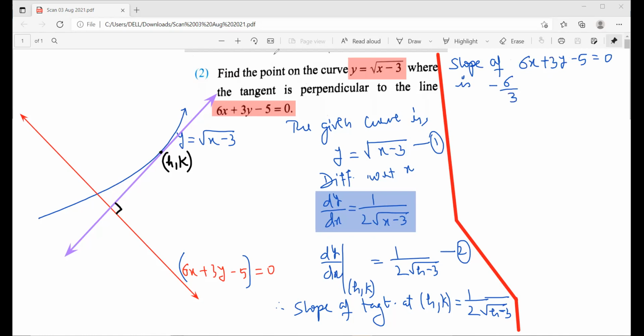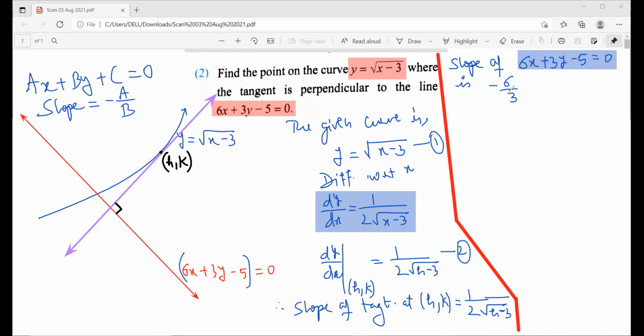You know, if a line is in the general form ax plus by plus c equals 0, then the slope of that line is minus a by b, which you have done in straight lines in 11th standard. This much you should know.